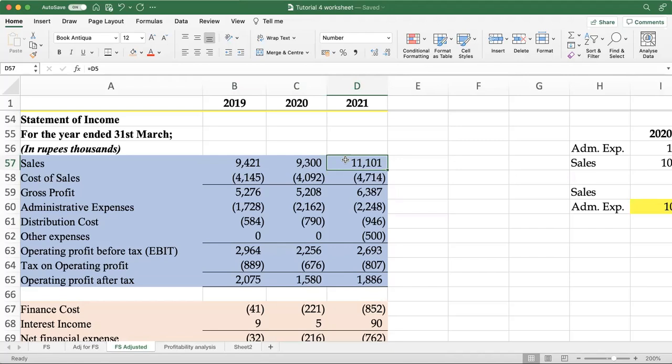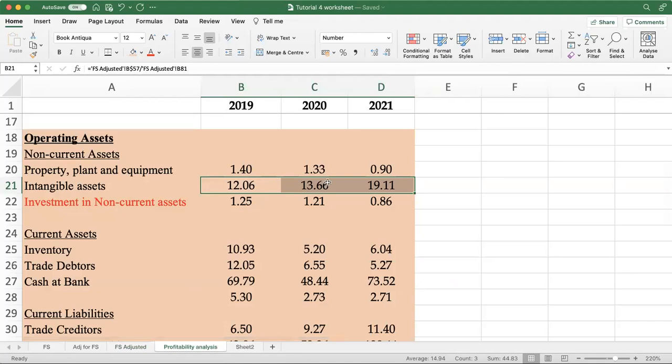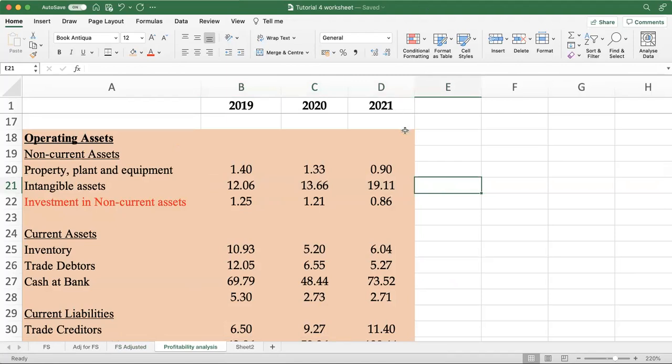So when that happens, you see turnover increasing. So this intangible asset turnover is not that important because usually we expect intangible assets turnover to be increasing.